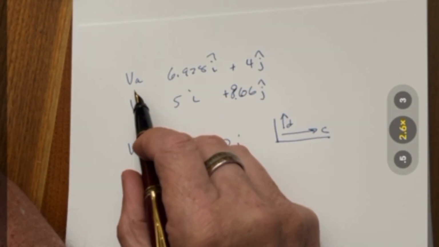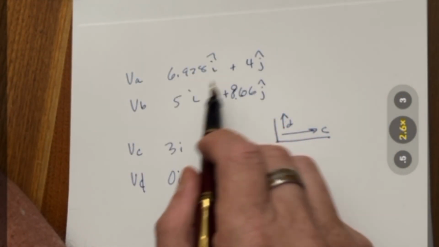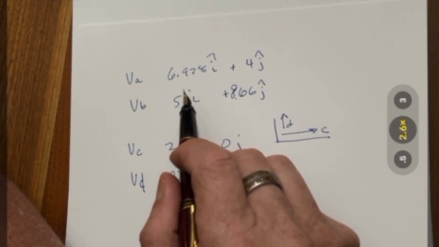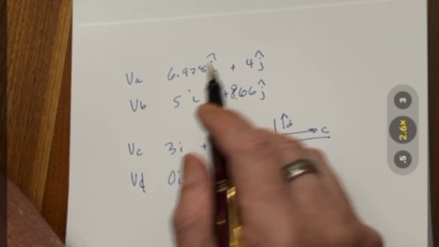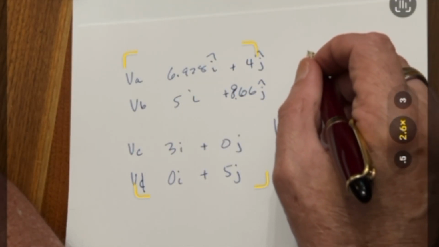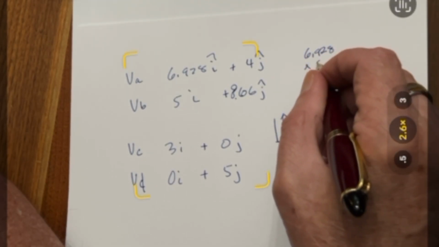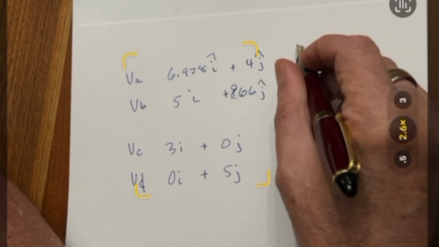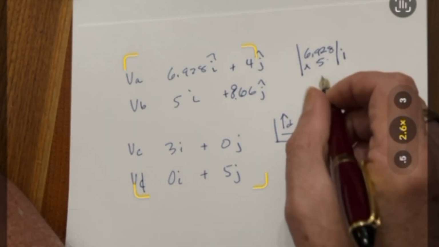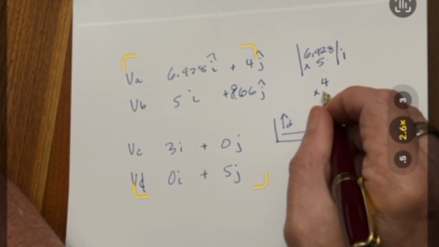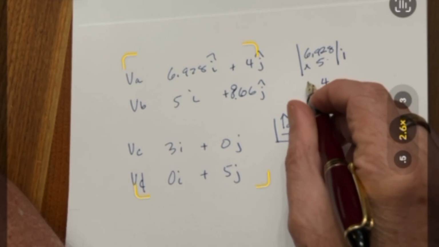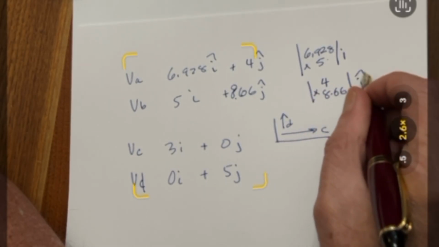All right, a dot product is you're multiplying two vectors together. Specifically, you're multiplying like by like. So what you'll get here is 6.928 times 5, and that will be your i value. And then you're going to have 4 times 8.66, and that will give you your j value.